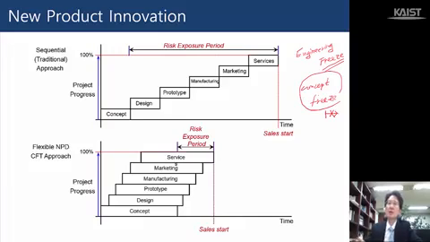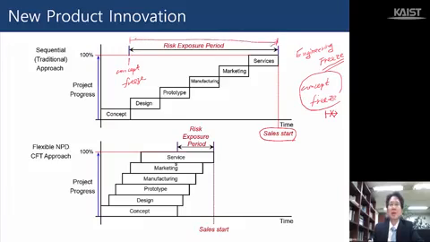So let's think about the time after the concept freeze. Here I would say this is the concept freeze, and then this is when sales start, or manufacturing starts, or the new product is introduced in the market. Then what is this period from the concept freeze to the actual market launch date?